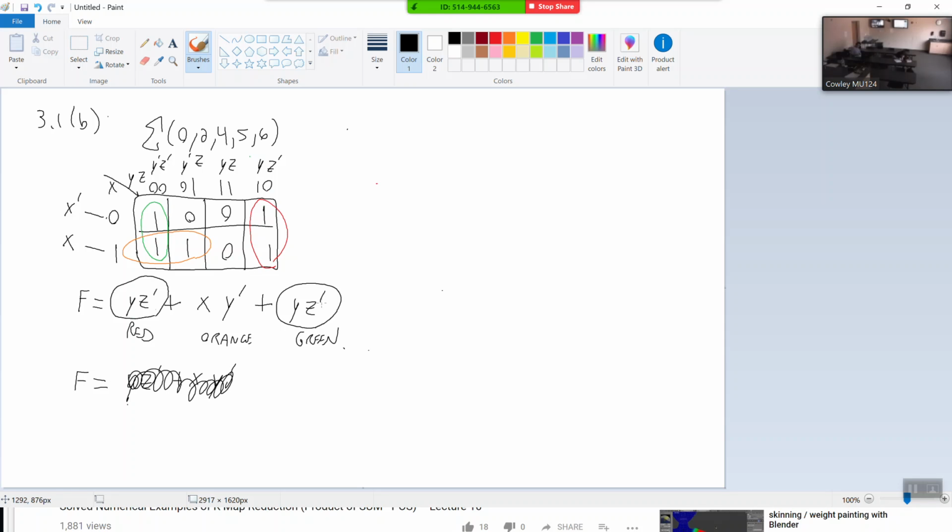Because what should the green have been? Not YZ prime. It should have been Y prime Z prime. Boy, my eyes are getting bad. Because if you look up here in this green column, up there I wrote down Y prime Z prime. Okay, that changes it. Shouldn't you be doing F prime? Yeah, we'll be doing F prime here shortly.